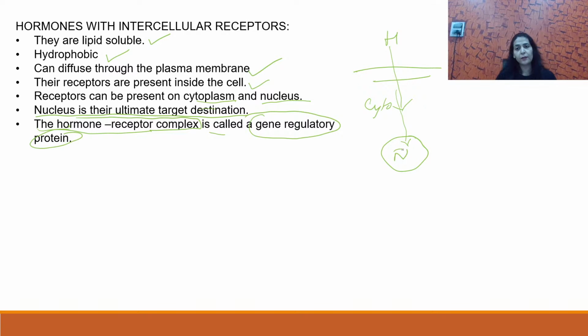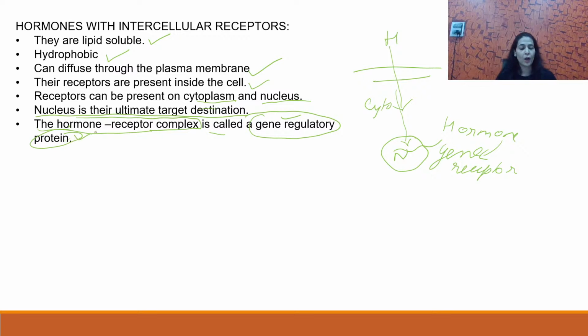Now this particular hormone has a receptor in the nucleus. Inside the nucleus, it directly affects the gene. It will directly bind with the gene. When the hormone binds to the gene, that gene itself acts as a receptor. This is known as gene regulatory protein.